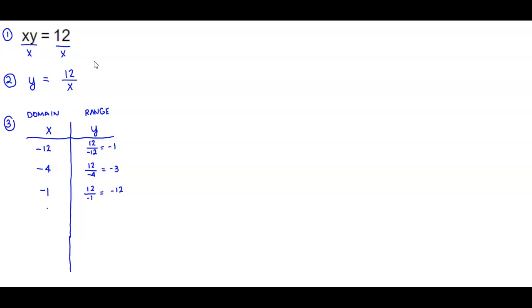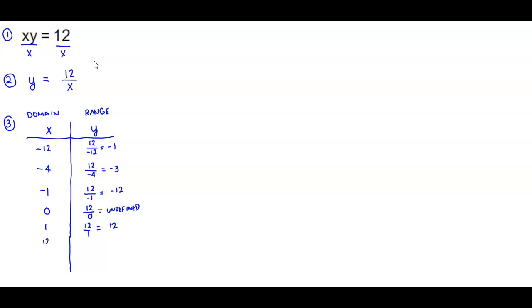Let's pick 0. If we pick 0, 12 divided by 0. Well, we cannot divide a number by 0, so this is undefined. Let's try +1. 12 divided by 1 is equal to 12.